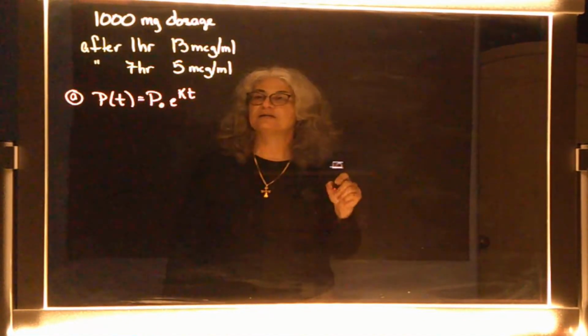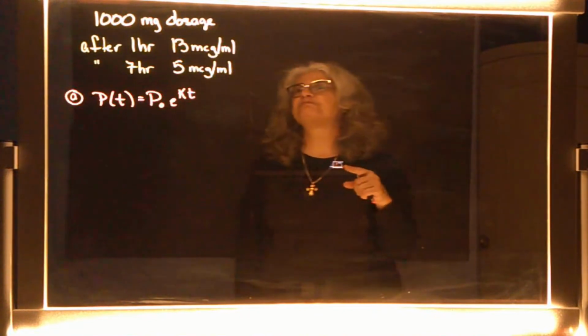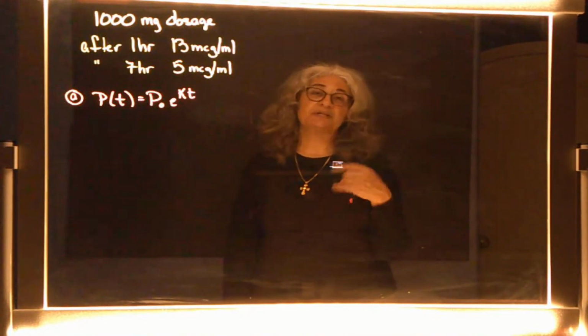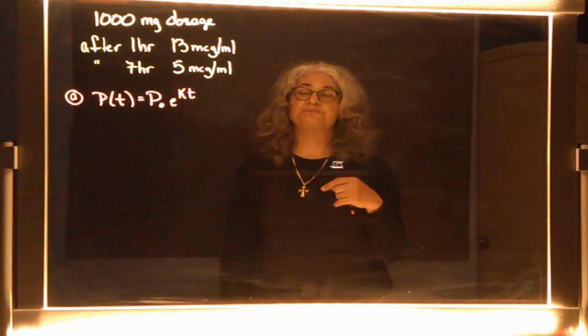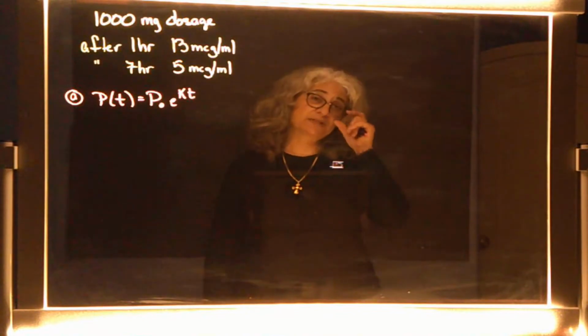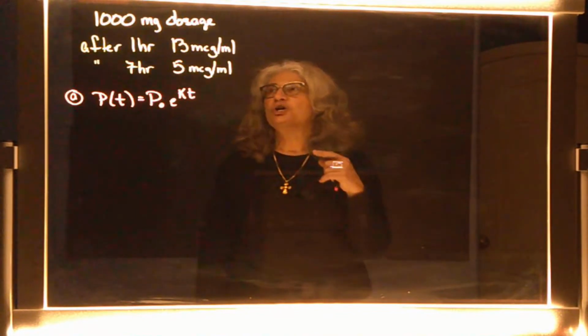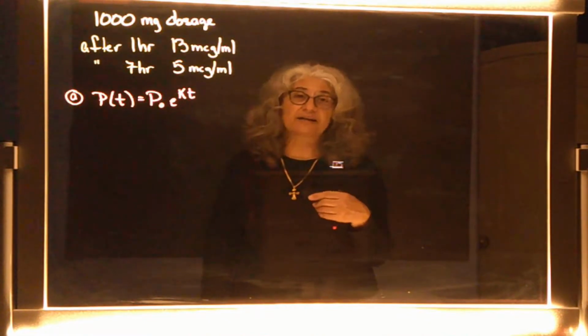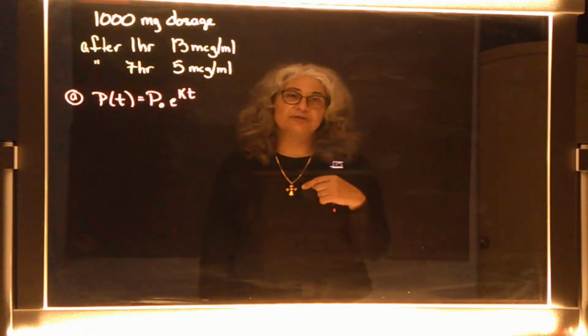So, I do know after 1 hour that 13 micrograms per milliliter is left, don't I? And then after 7 hours, 5 micrograms per milliliter is left, correct? Question: I know I need to find K. Do I know the initial amount?